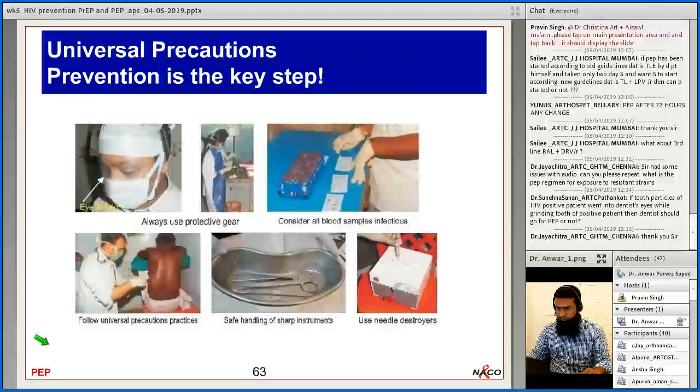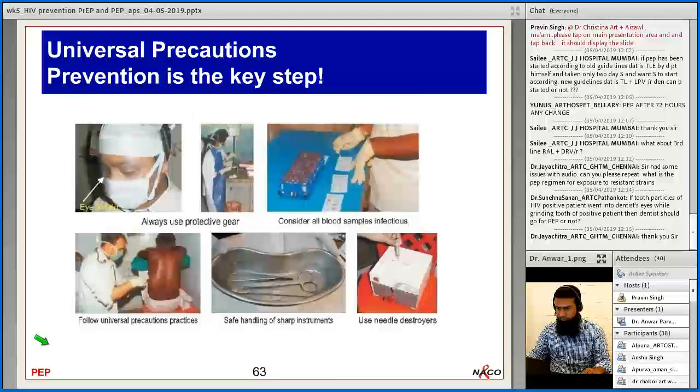If tooth particles of an HIV positive patient went into the dentist's eye while grinding the tooth of the positive patient, then should the dentist go for PEP or not?